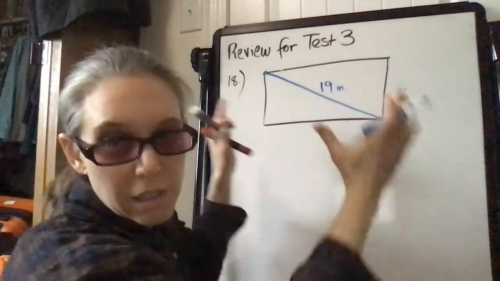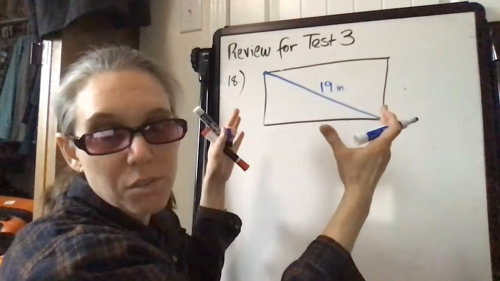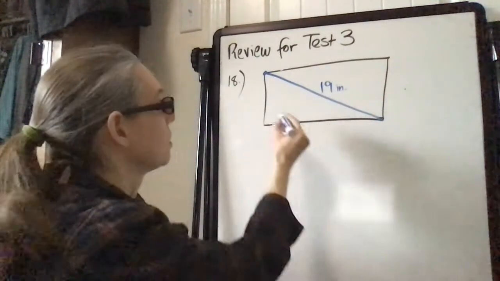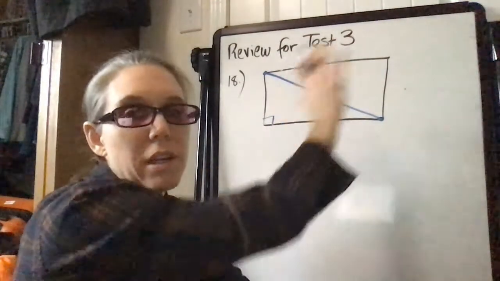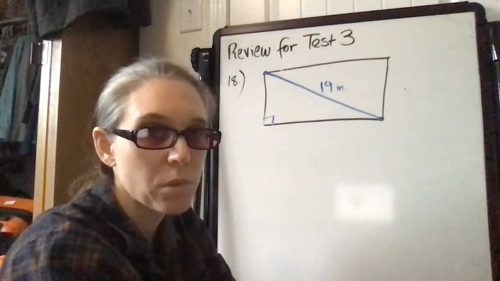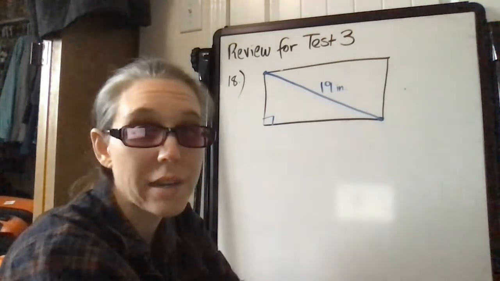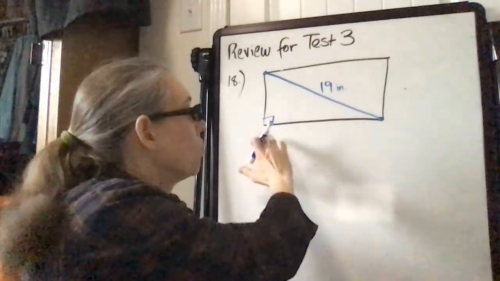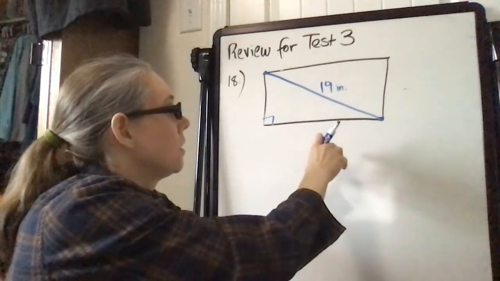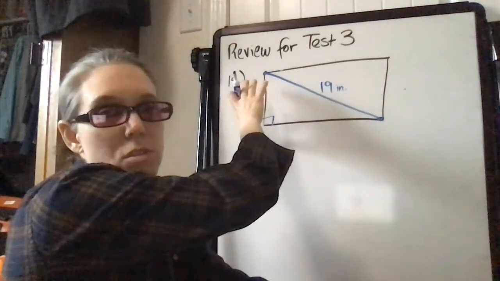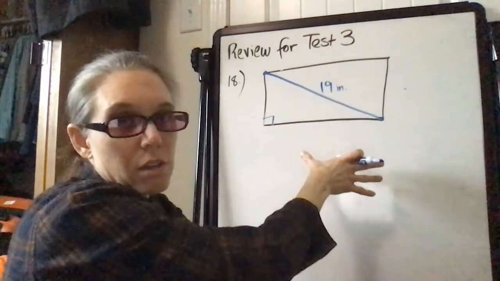Now, of course, a laptop screen, like a TV screen, is going to be a rectangle. So when you split the rectangle in half, you end up with two right triangles. And we need to figure out how wide the screen is. And the width is going to be this part right here. Sometimes you might think of the width as the shorter one and the length as the longer one.